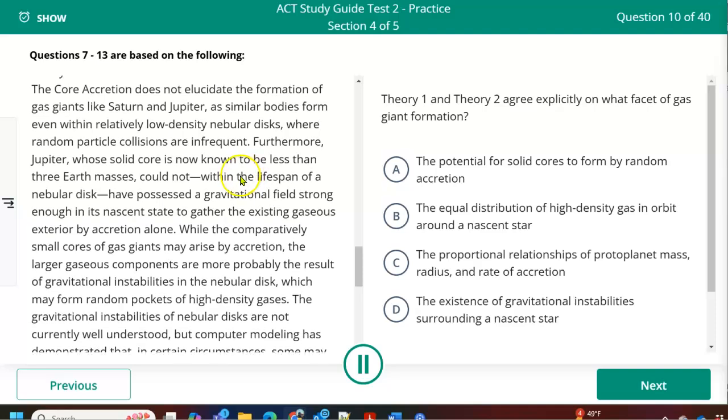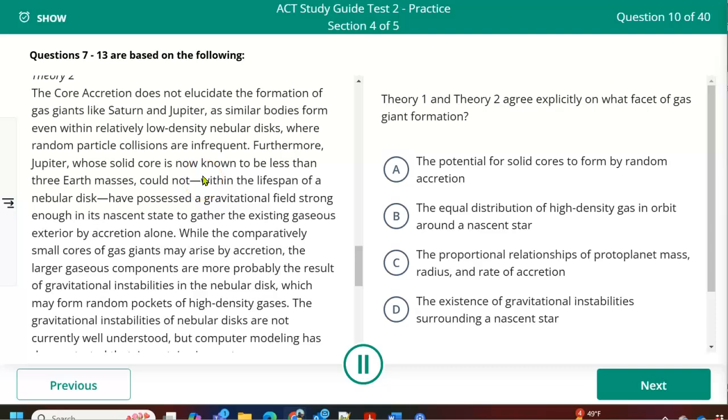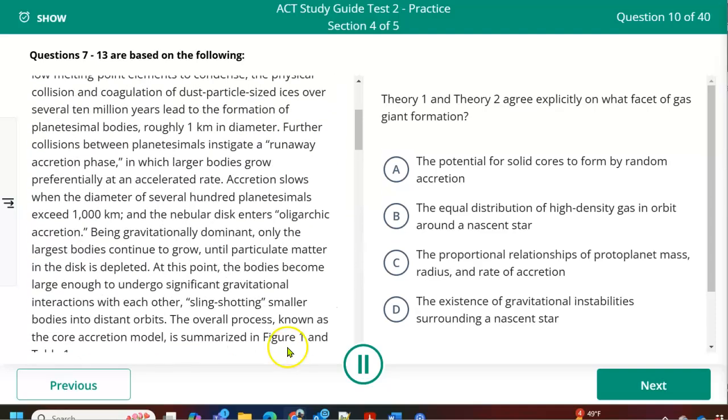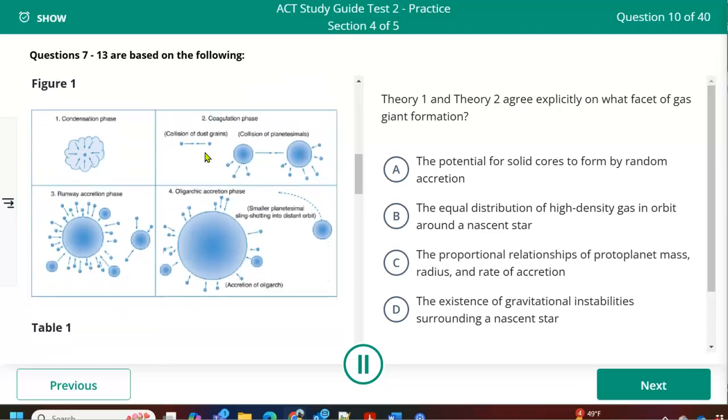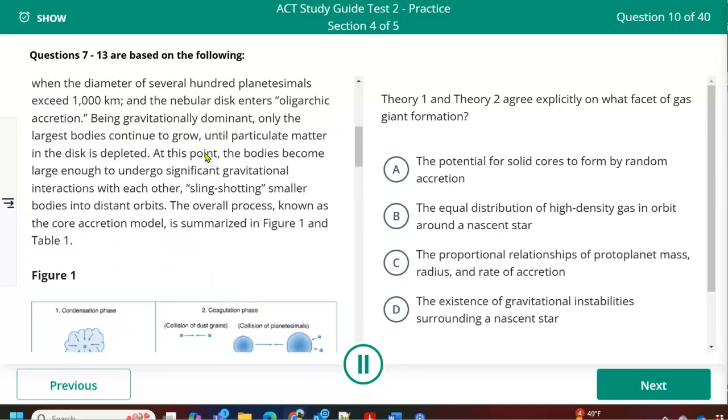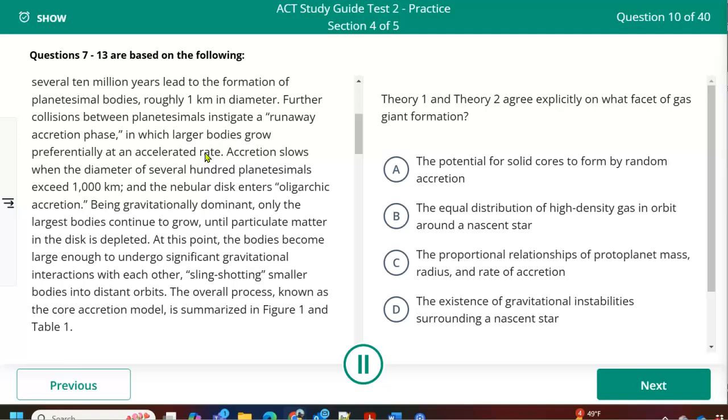Comparatively small cores of gas giants may arise by accretion. That's okay. It looks like they're both talking about accretion, proportional relationships of protoplanet mass, radius, and rate of accretion.